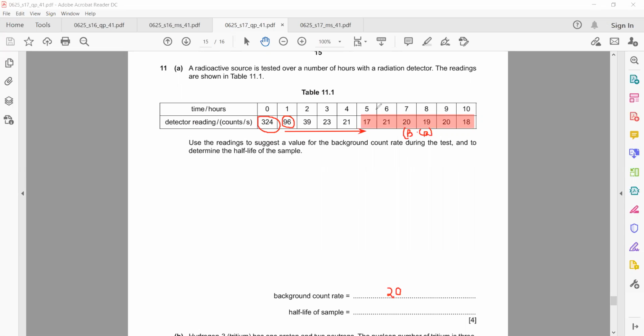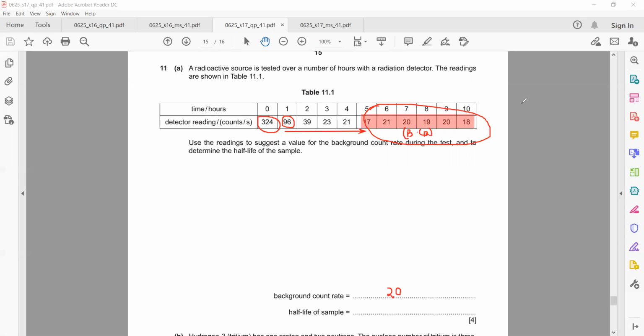Is it clear why I took background radiation from this region? Because originally I'm getting radiation from source and background, surrounding or background having the same meaning. But as the source is getting stable, the amount of radiation coming out from the source is decreasing, and eventually, as it is emitting radiation, it is gaining stability.